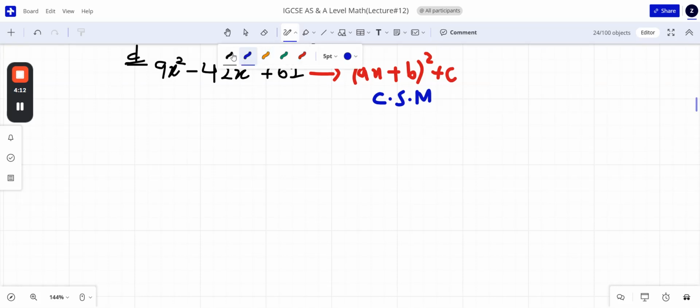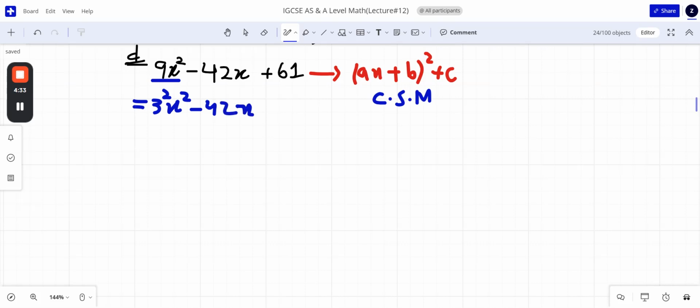To make a completing square, first of all we have to make a perfect square of the leading term. So 9, we can write as the square of 3, and then x square we will keep the same, minus 42x plus 61.